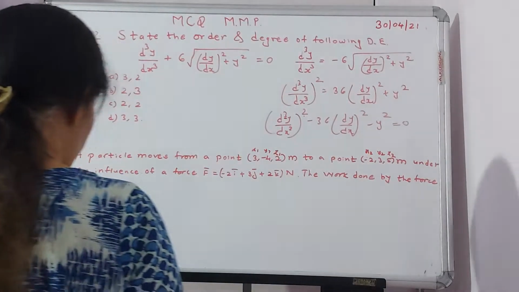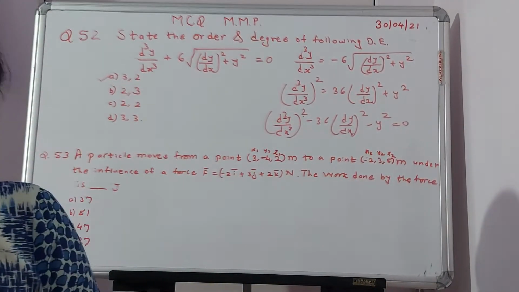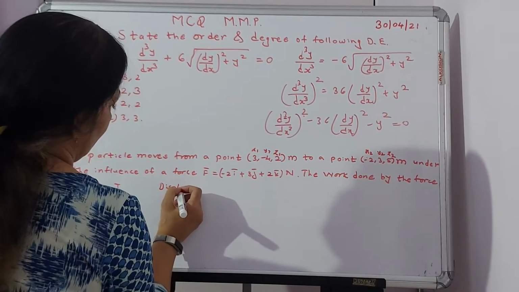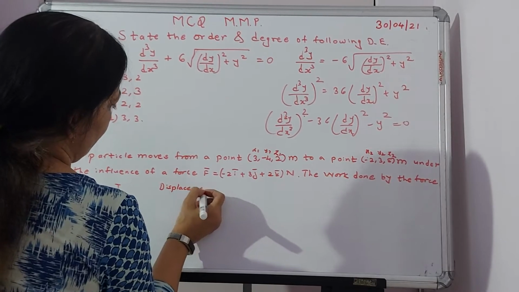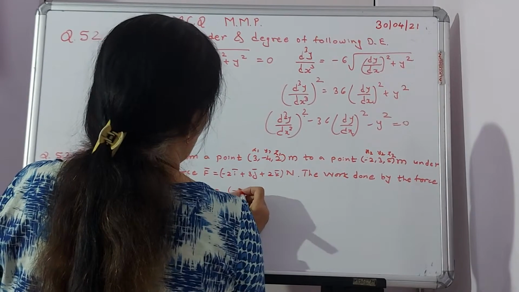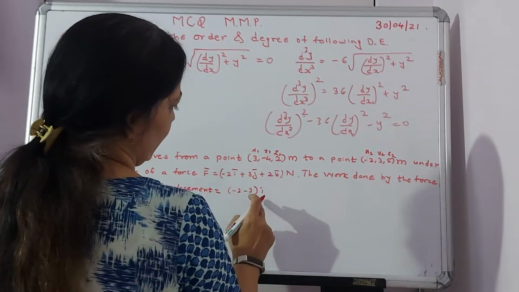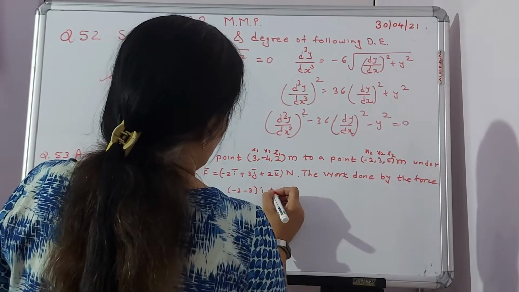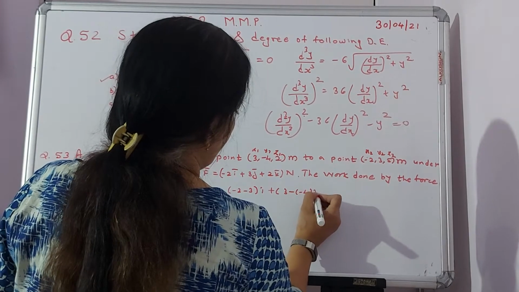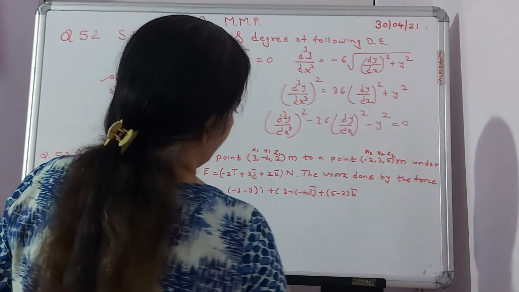I can see very clearly that the displacement over here will be given by (-2 minus 3) times i, x2 minus x1 times i, right, plus y2 minus y1, so (3 minus of minus 4) times j, plus (5 minus 2) times k, right.